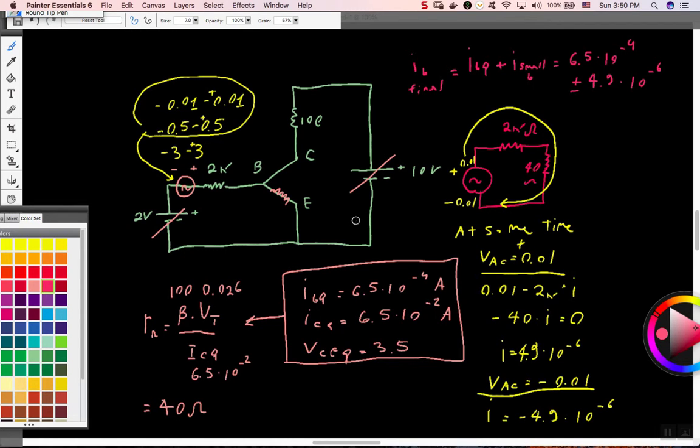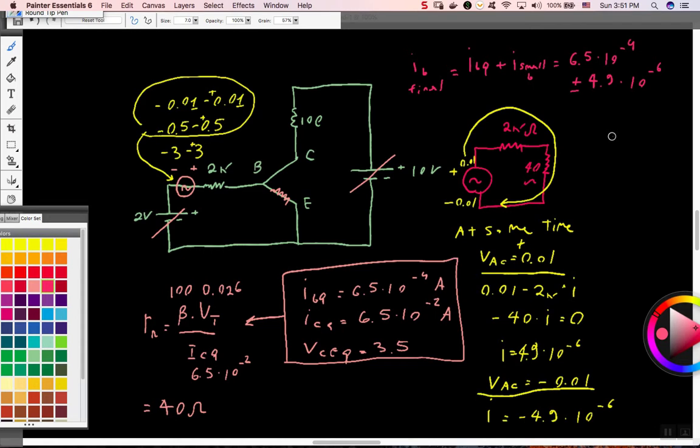When the small signal voltage is 0, then the small signal current is also 0. And then the final current is equal to the IBQ, right? When the small AC source is 0, then the small signal IB is also 0, and the final IB is 6.5 times 10 to the minus 4 plus 0 equals 6.5 times 10 to the minus 4.